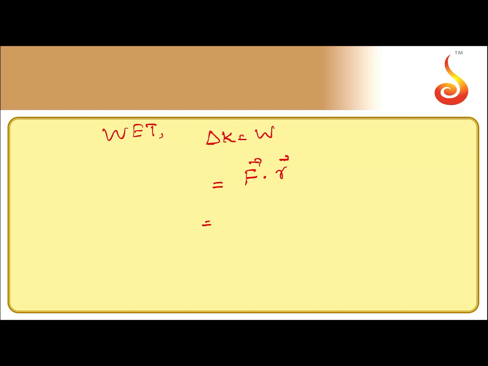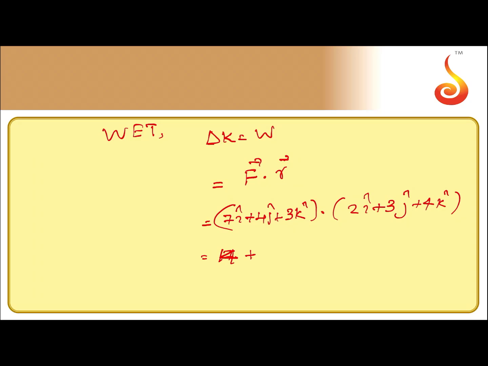So F, what is that F? 7i plus 4j plus 3k dot displacement is 2i plus 3j plus 4k. So if I simplify it further, I get 7 into 2, that becomes 14, plus 4 into 3, 12, plus 3 into 4, 12.